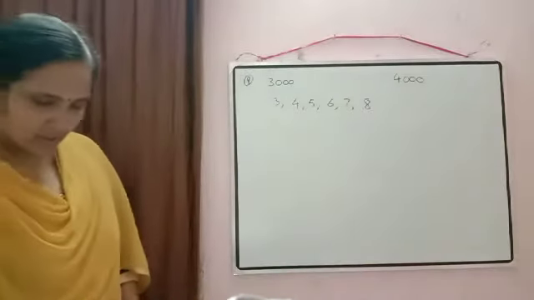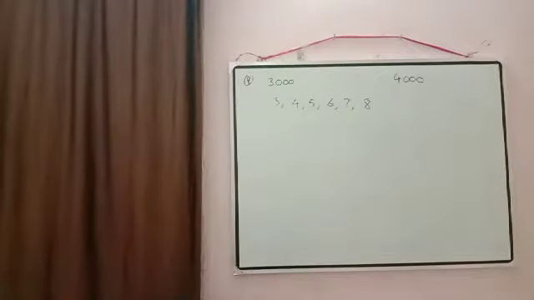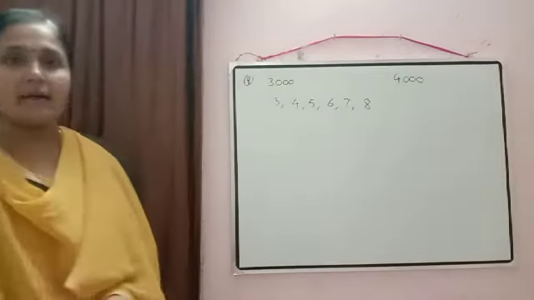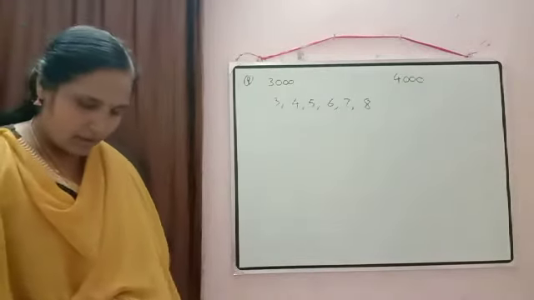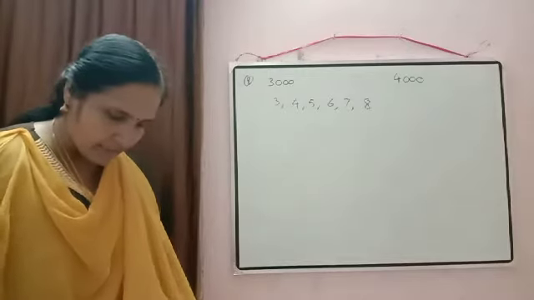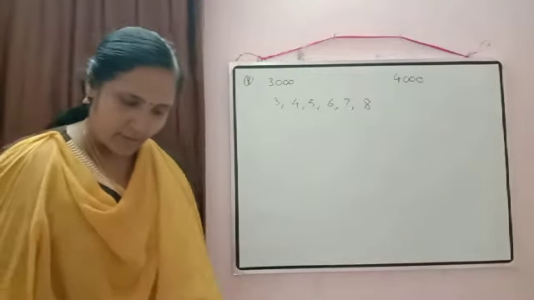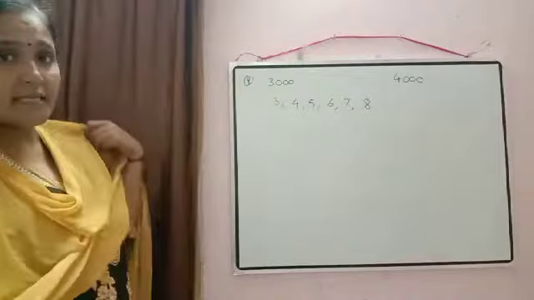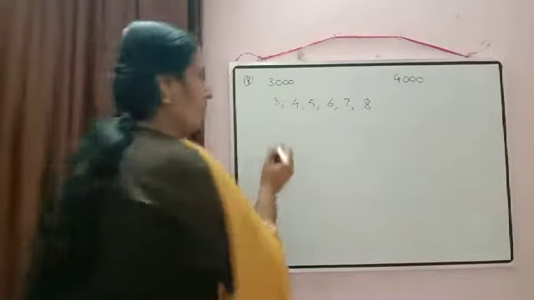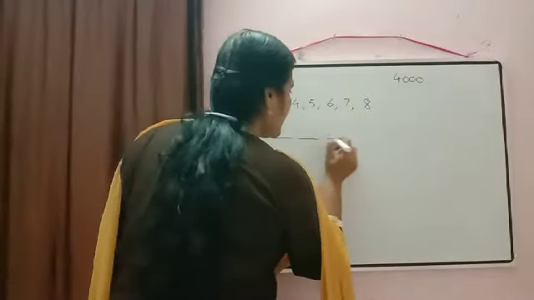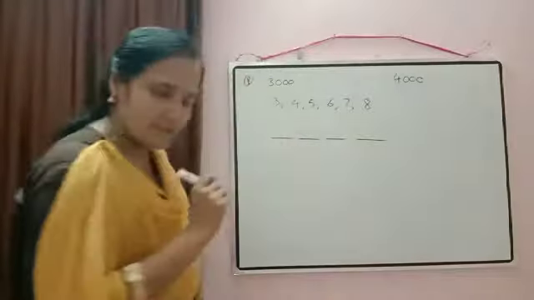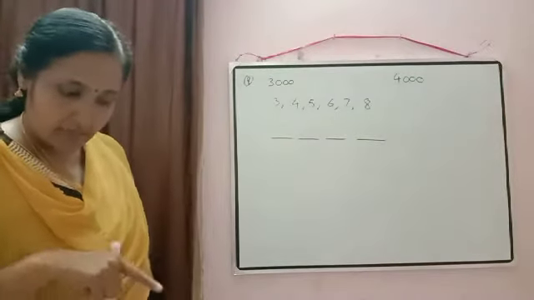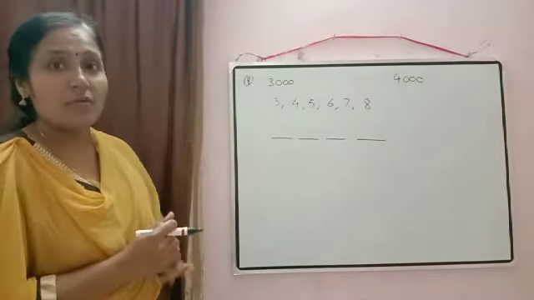It is written no digit being repeated, means repetition is not allowed. Now how many digit number will it be? Between 3000 and 4000 means it is a 4 digit number, and it should be between 3000 and 4000 only.